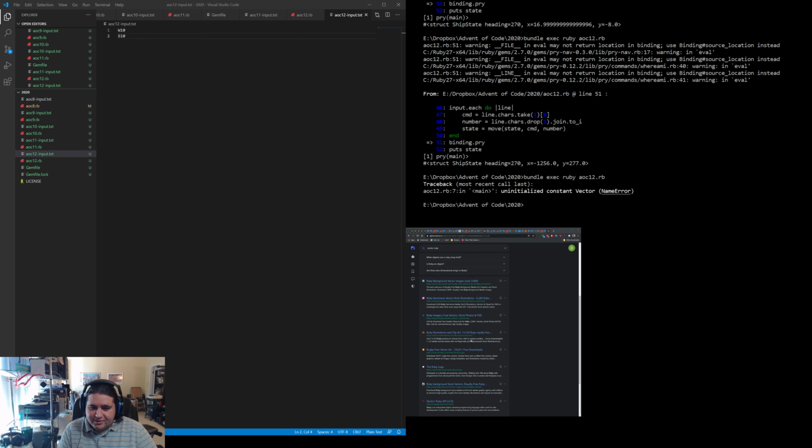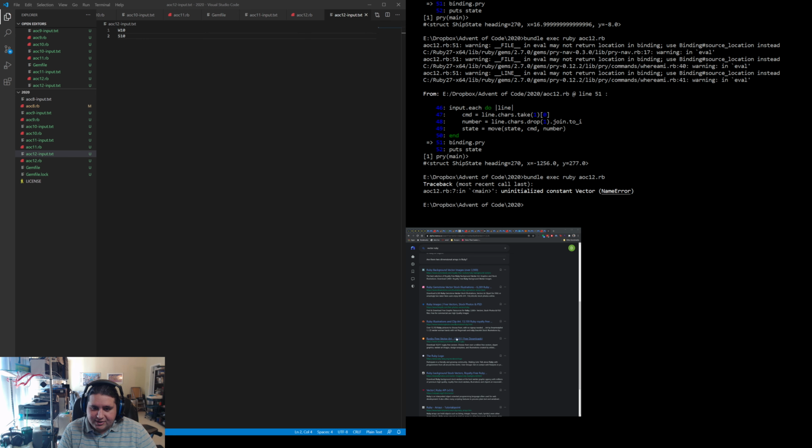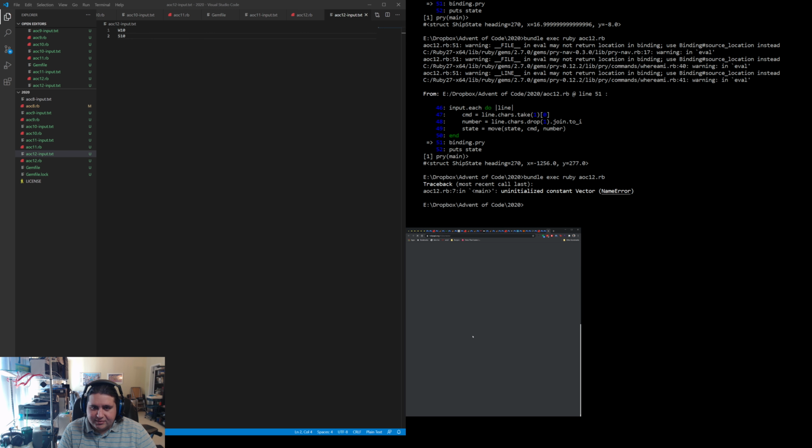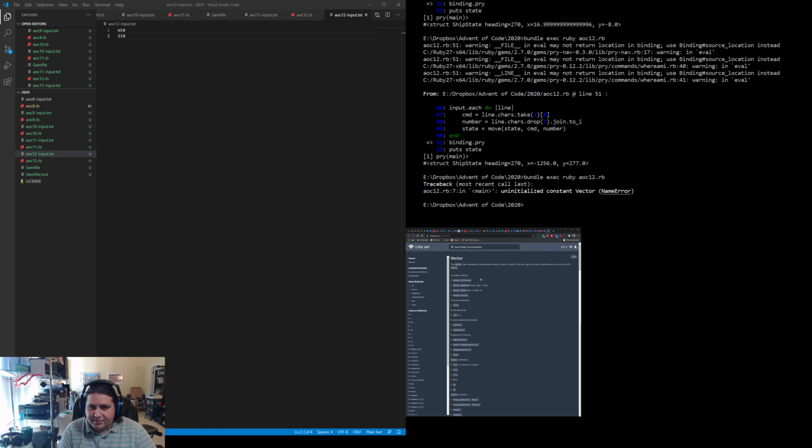Okay, vector, images, illustrations, vector art. Okay, what does the vector API do? To create a vector given an array, that elements.